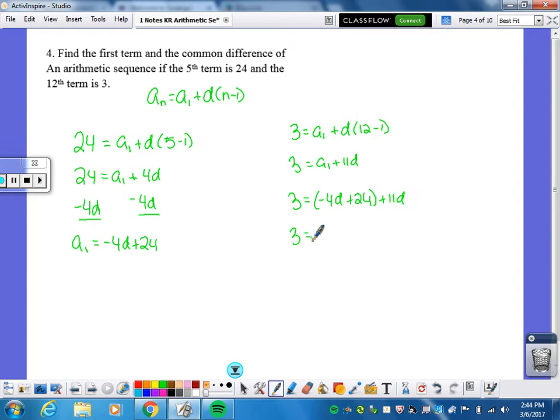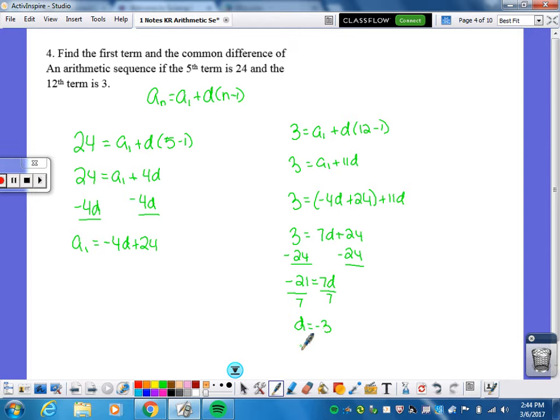When I combine my like terms, I get 7d plus 24, subtract 24 from both sides, to get negative 21 is equal to 7d, divide both sides by 7, and d is going to be equal to negative 3.